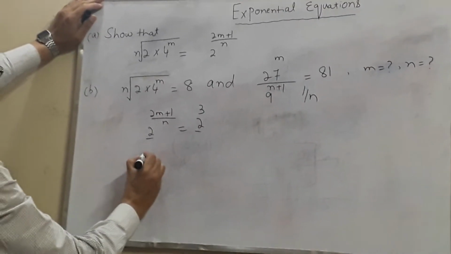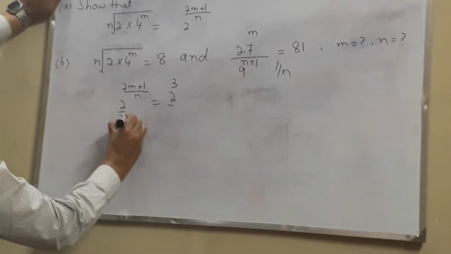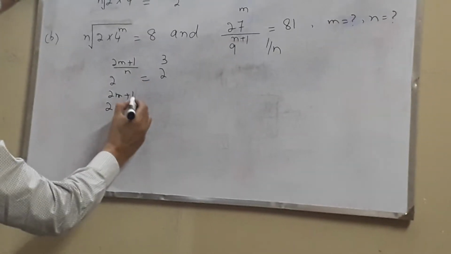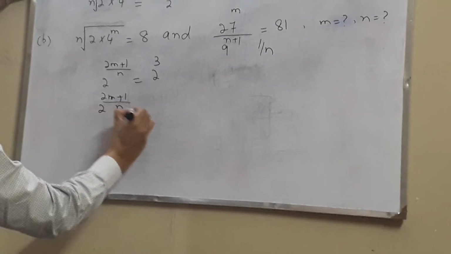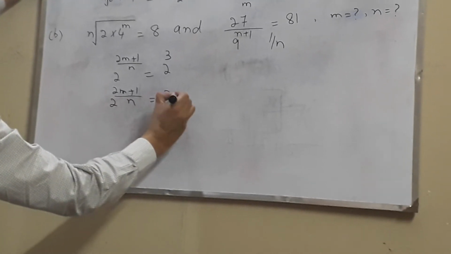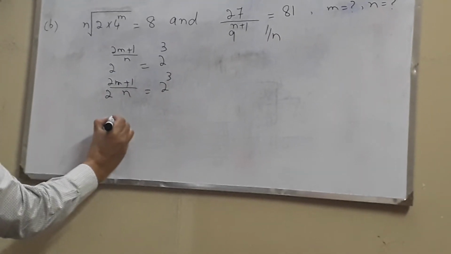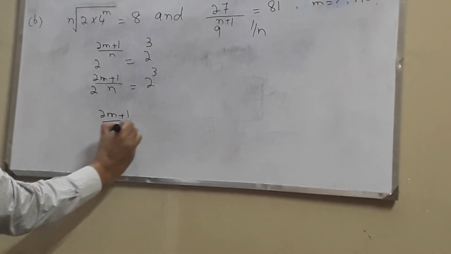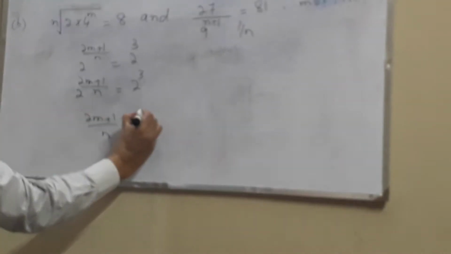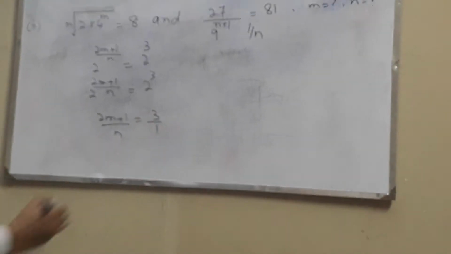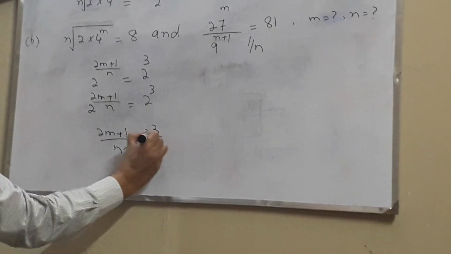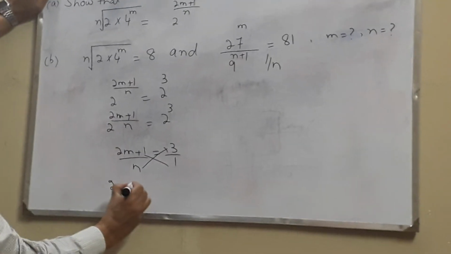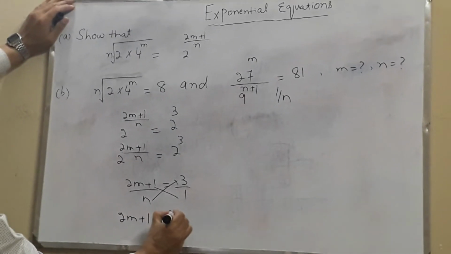So we can write 2 raised to the power 2m plus 1 over n, which is equal to 2 raised to the power 3. So it's going to be 2m plus 1 over n, which is equal to 3 over 1.